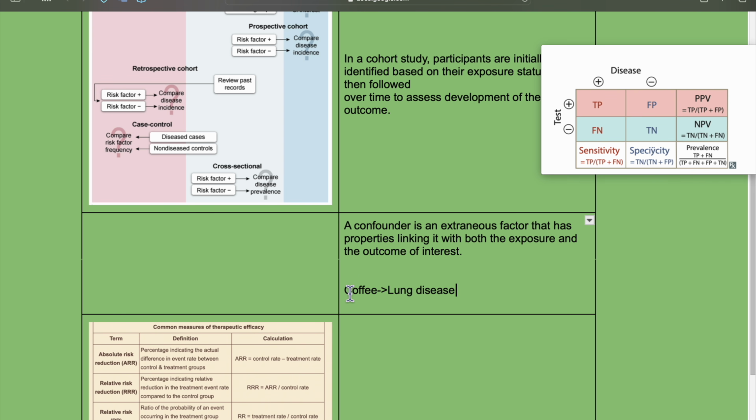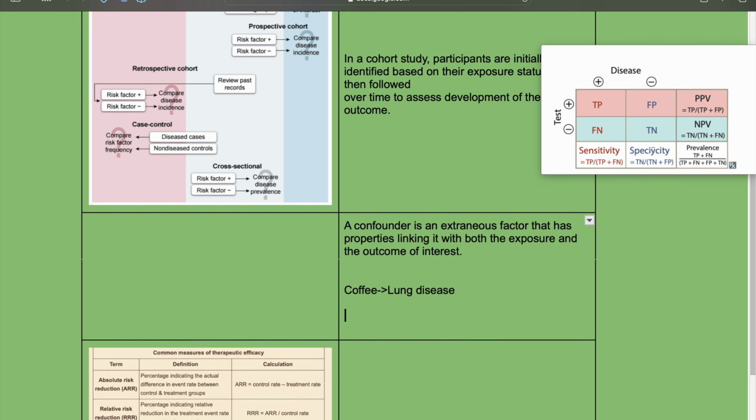So they incorrectly stated that coffee leads to lung disease, right? However, they didn't stratify it. And through that, what you find is in a confounding study, you're going to have a confounder, right? Where coffee is related to something that is also related to lung disease, okay? And that is smoking.